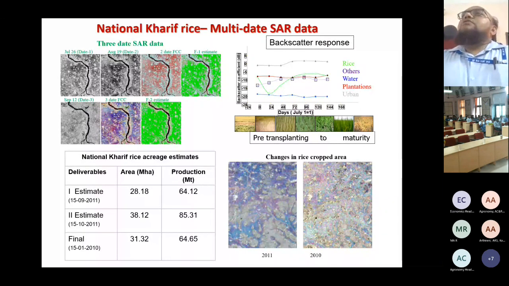One additional thing that would be required is ground truth information: for a selected location, you may have to go and collect the GPS points, bring them and incorporate them into the software.